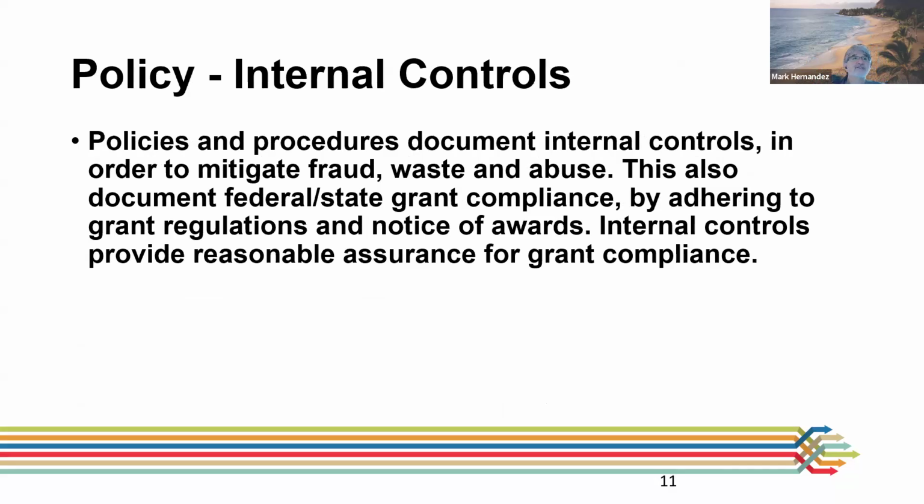Now, the next policy is internal controls. And this, like I was talking about earlier, is that internal controls have moved up to a predominant part of the grants guidance.